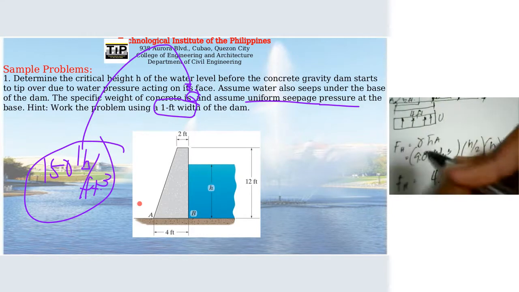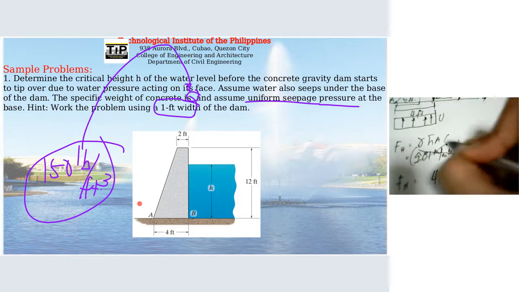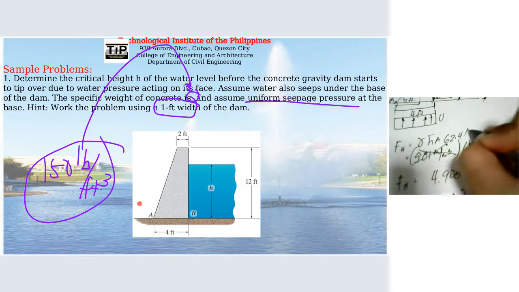Sorry, I made a mistake here. So this should be 62.4 pounds per cubic foot.